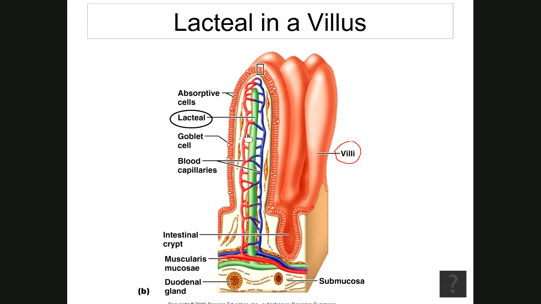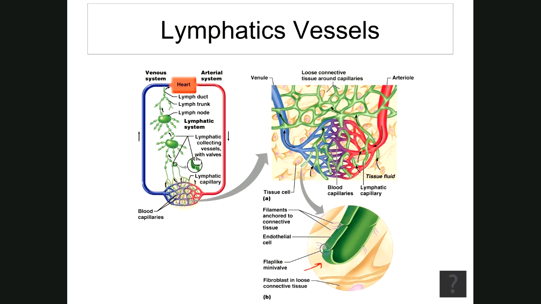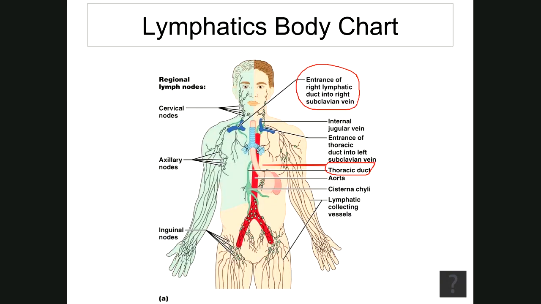They contain nodes. Now, here's some nodes here, and you can see on this person that we were looking at. Here's some nodes in him, in the armpit, in the groin, in the neck. So you can see these nodes all around here.